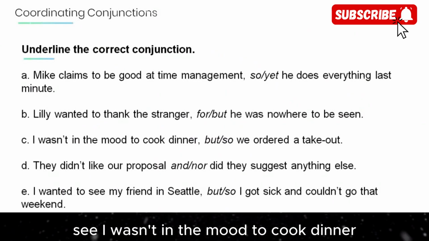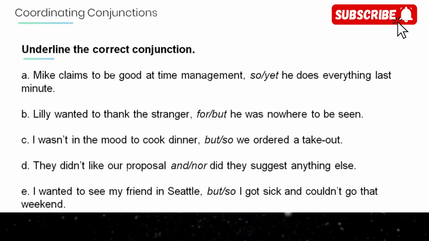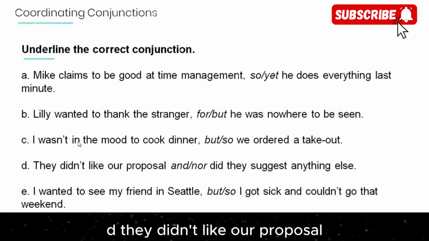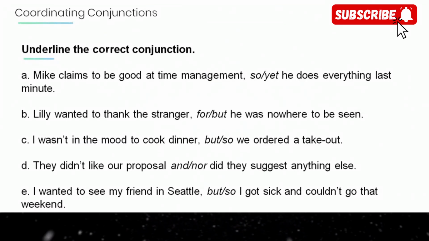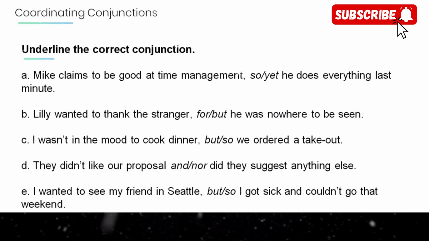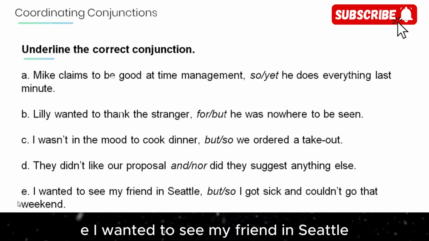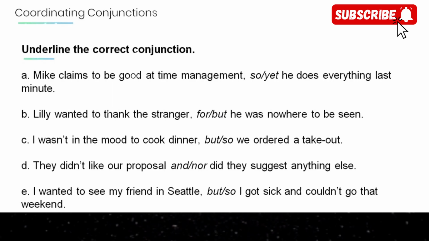C. I wasn't in the mood to cook dinner, so we ordered a takeout. D. They didn't like our proposal, and, nor did they suggest anything else. E. I wanted to see my friend in Seattle, so I got sick and couldn't go that weekend.